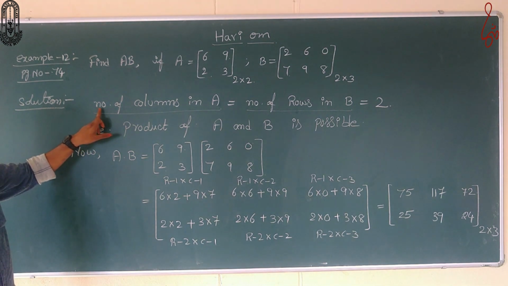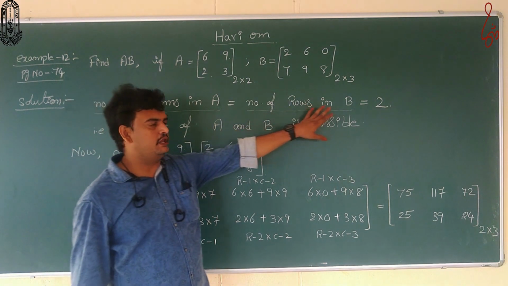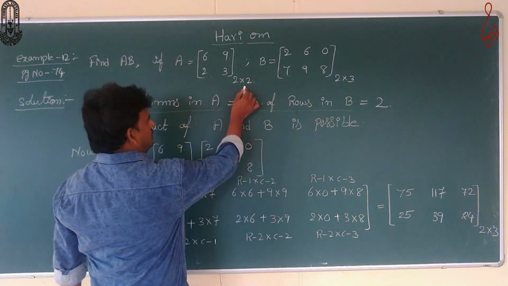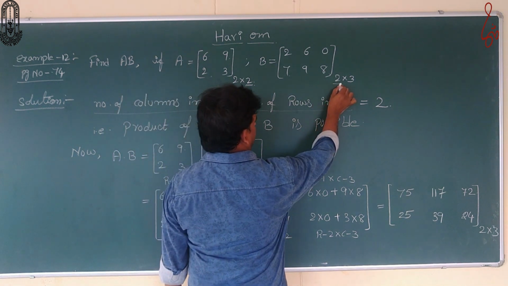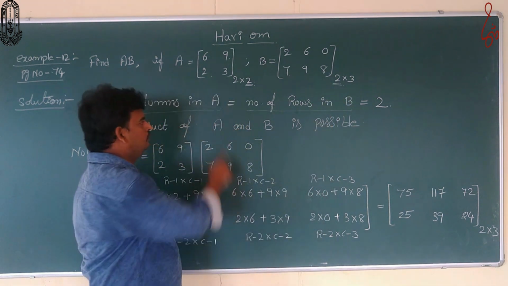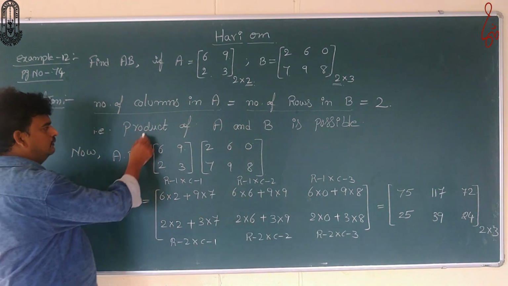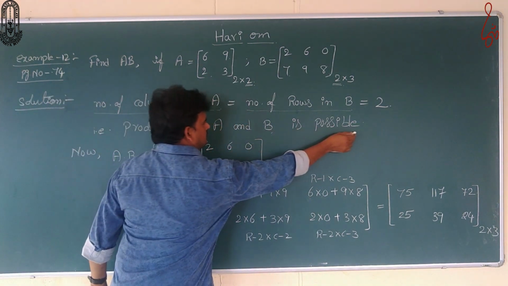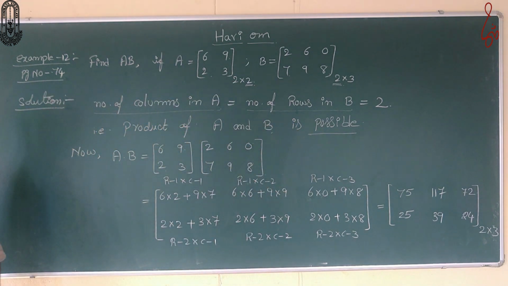Here I have the number of columns 2 and the number of rows 2. Both are equal. Then only I can say that the product of A and B is possible.